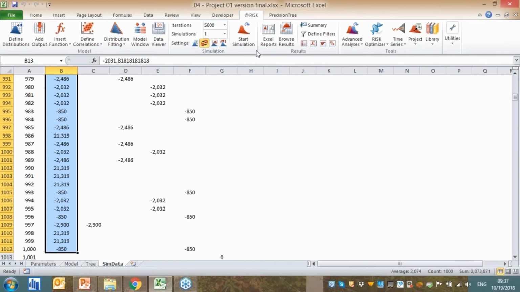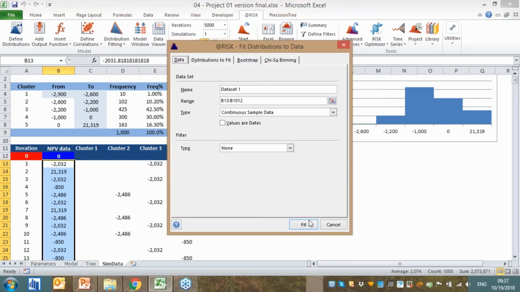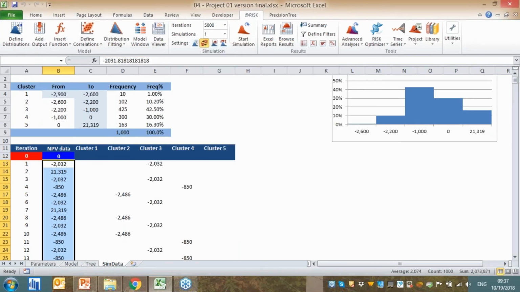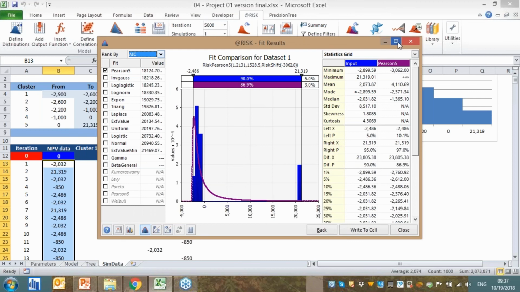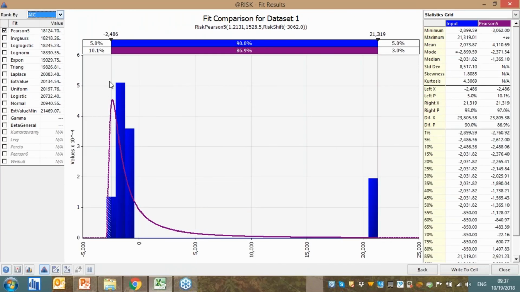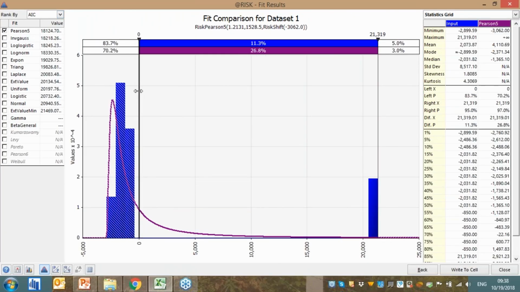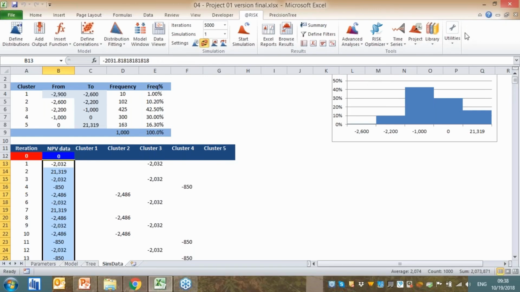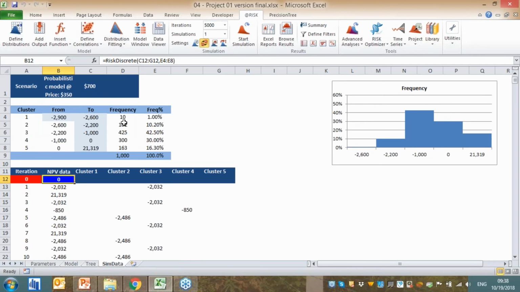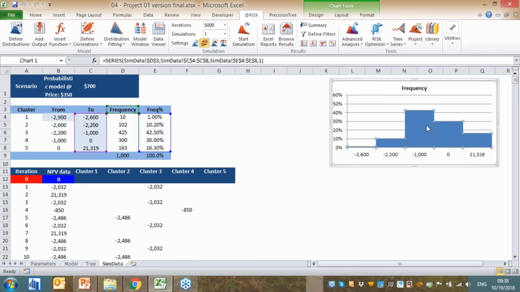As you can see, I've got 1,000 cases over here. And I'd be able to, for example, using my fitting distribution function, show something such as this. Once again, what I'm trying to show here are all the negative outcomes and all the positive outcomes that I have over here. Why is it that I want that? Well, I want to create synthetic distribution functions that would let me construct a synthetic distribution function out of here.